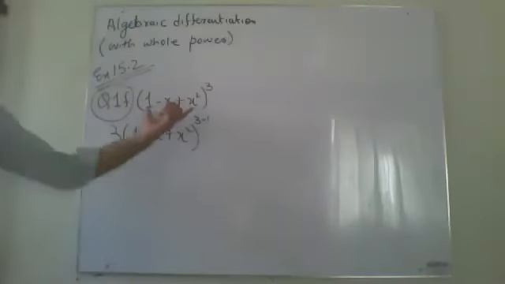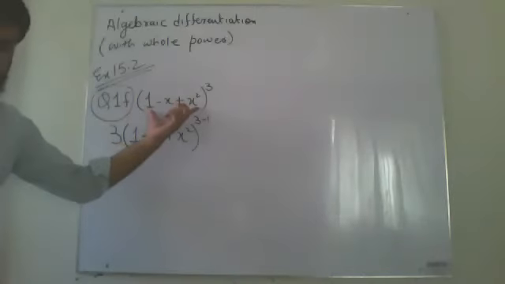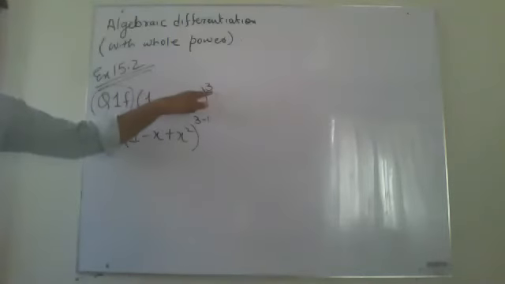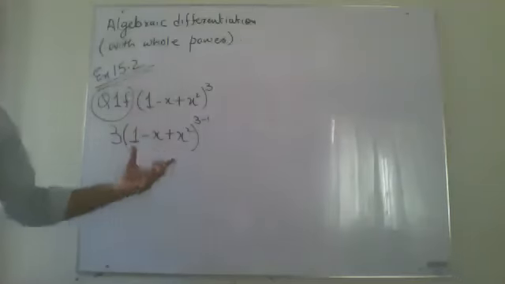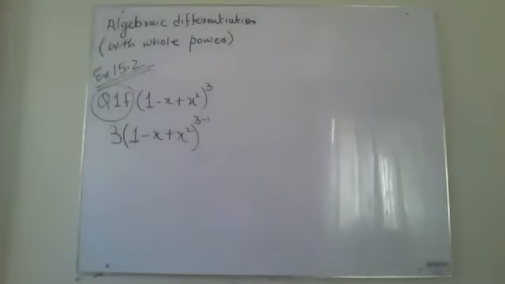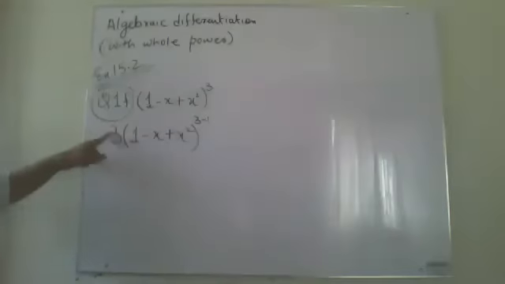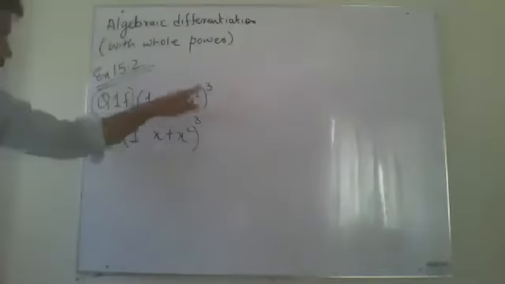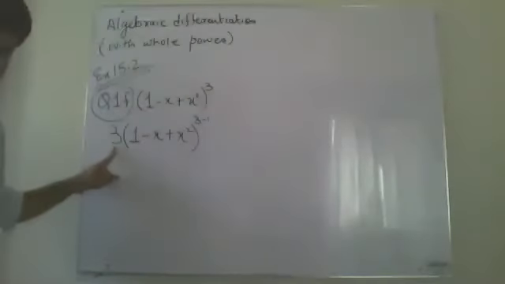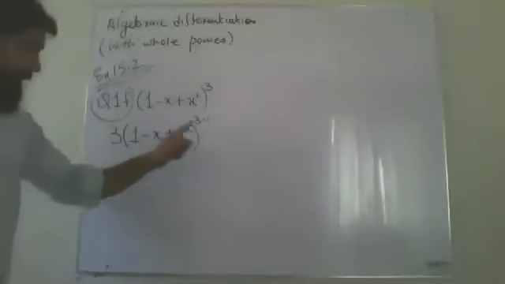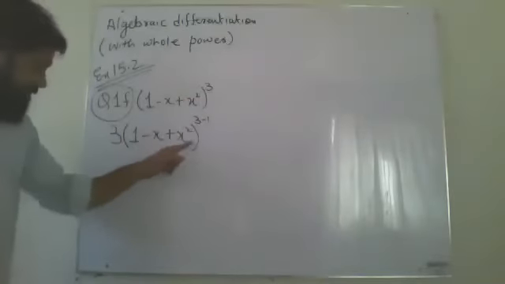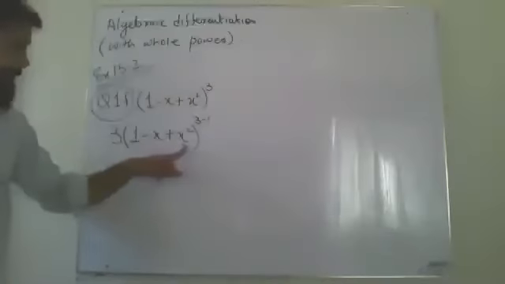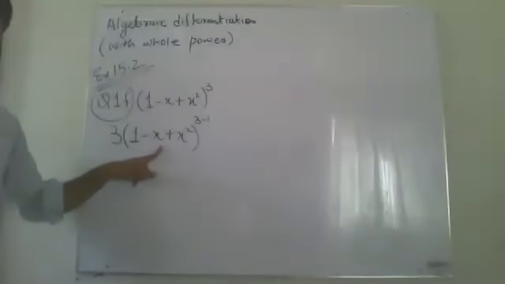What I have done, whatever is written inside the bracket, as I am working on the whole power, I will not do anything over here. It will be written as it is. Okay, and once I have got my whole power done, 3 multiplied by the coefficient of the bracket, and then the whole power is reduced by 1. I haven't changed anything inside the bracket. It is written as it is.